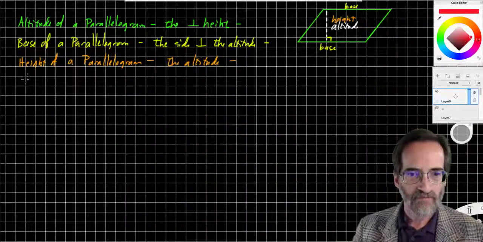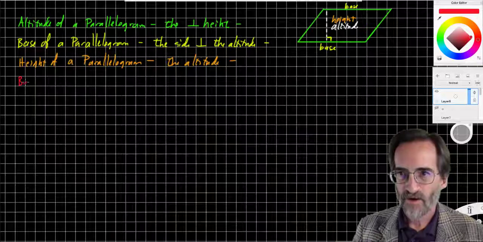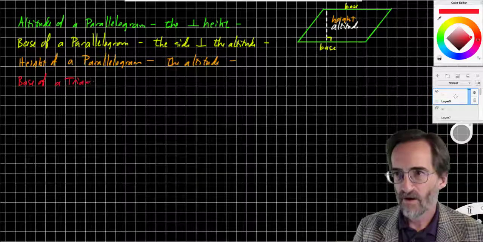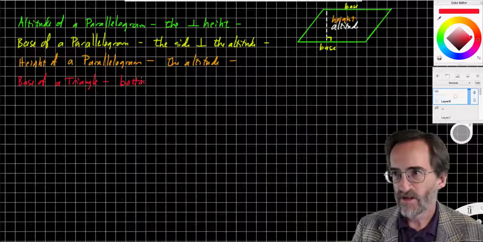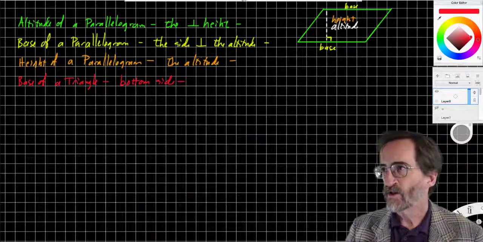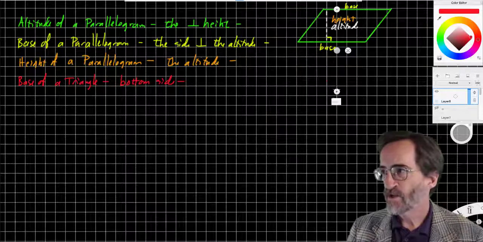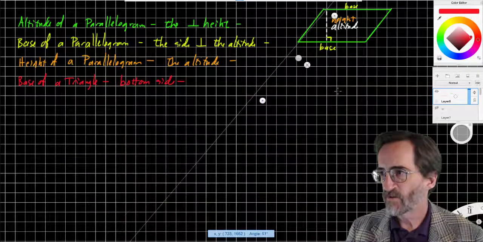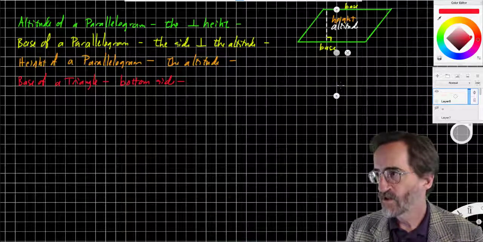So we have base of a triangle. The bottom side. Note, by the way, and again, I'm going to draw one triangle as my example for several words.